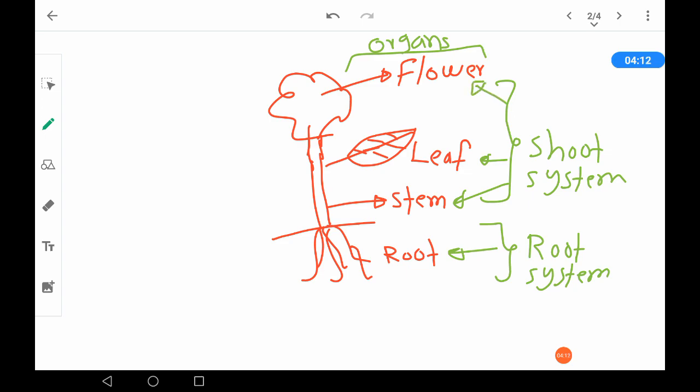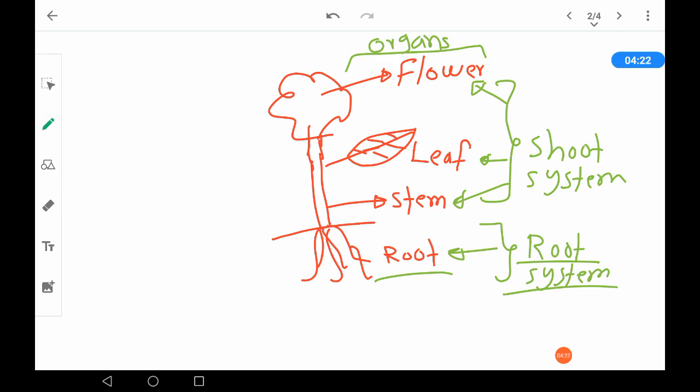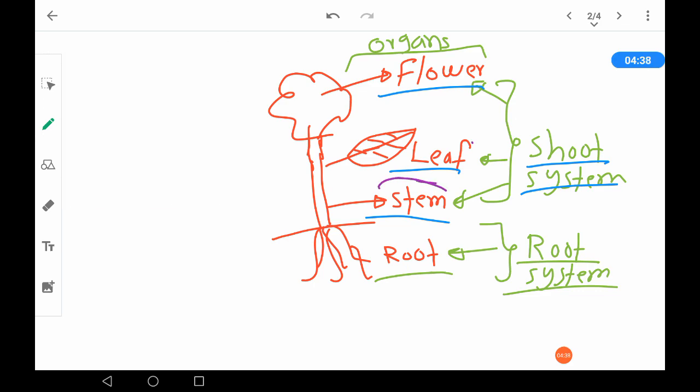Each system is made up of organs: the root system is made up of only the root, while the shoot system is made up of flower, leaf, and stem organs. And each organ is made up of different tissues. Let us talk about the leaf, because we are talking about the photosynthesis process, which is carried out by the leaf.